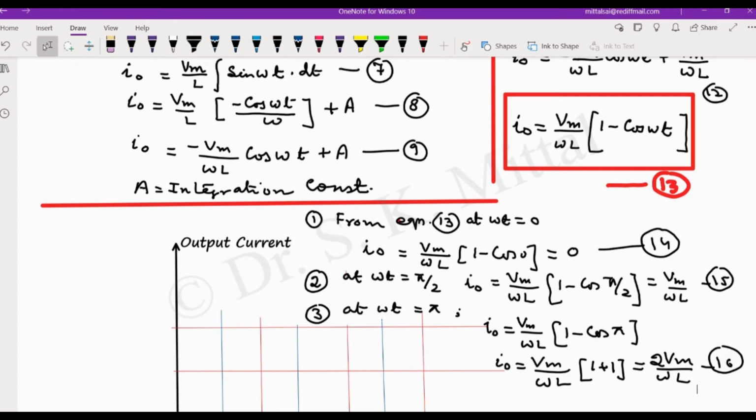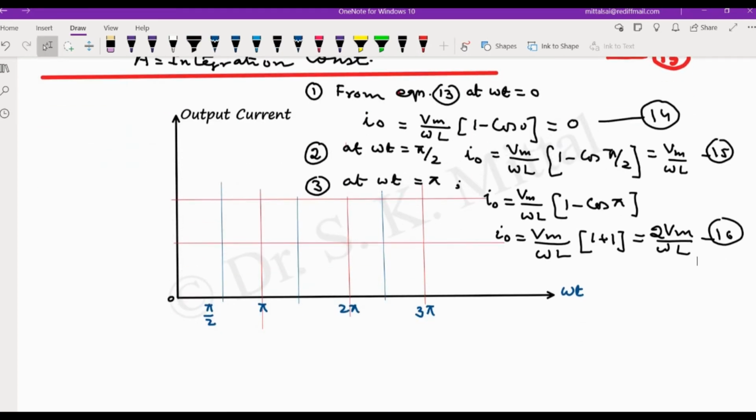First of all, see this. At omega t is equal to 0, output current is 0. At omega t is equal to pi by 2, the value of output current is Vm upon omega L. Suppose I consider this side on the y-axis where output current I0 is represented.